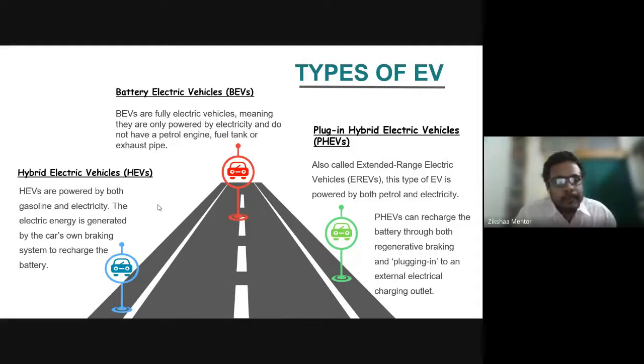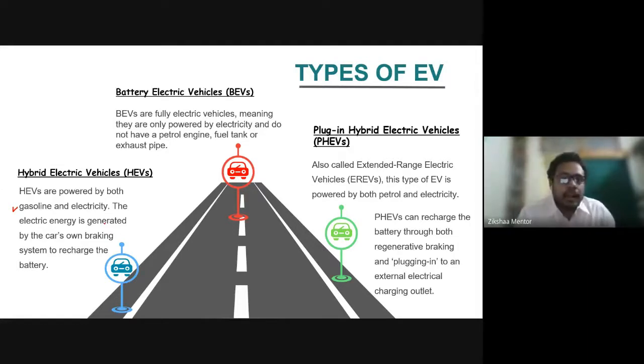These are run by both gasoline and electricity depending upon the commuting distance. There are configurations, as I was talking about, the series and the parallel hybrid electric vehicles. Depending upon the configuration, it decides when it should run on electricity and when on gasoline.